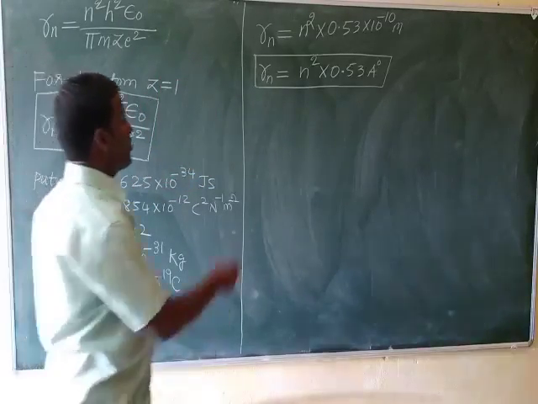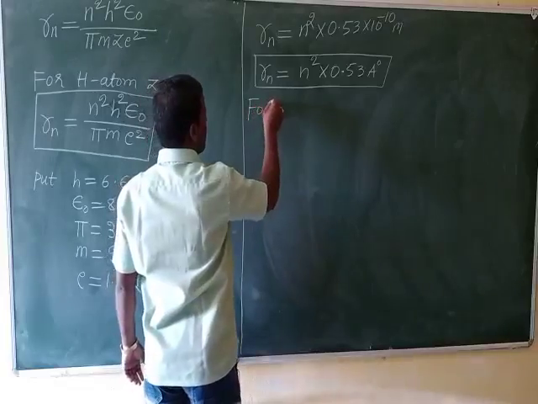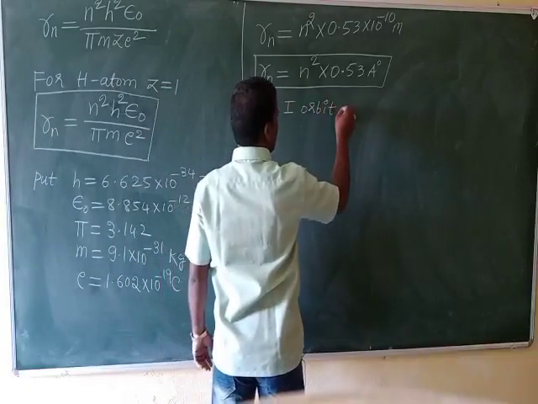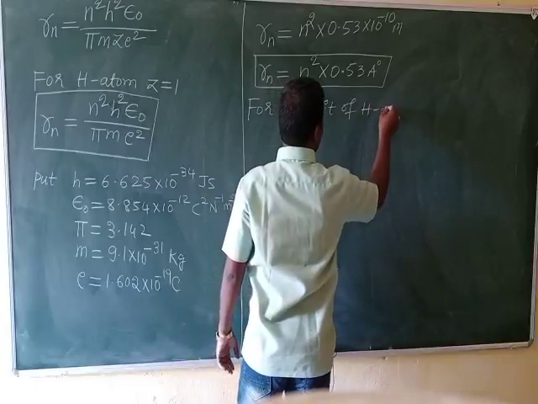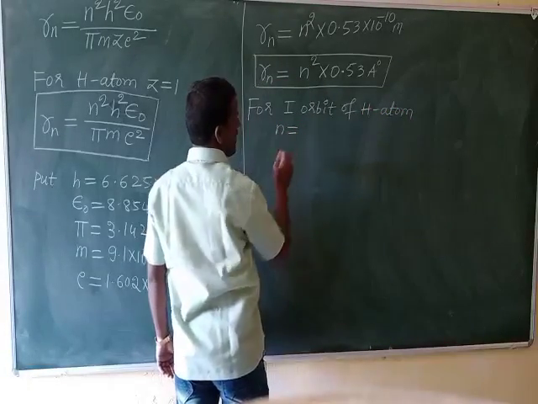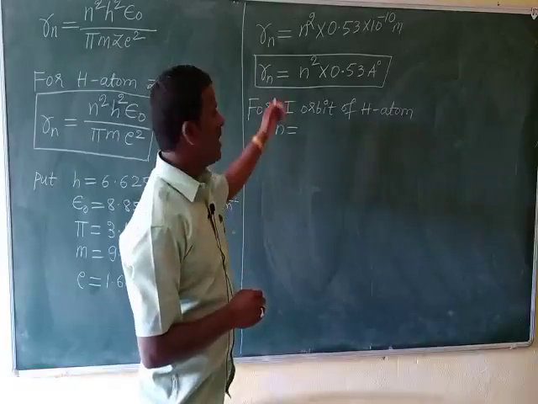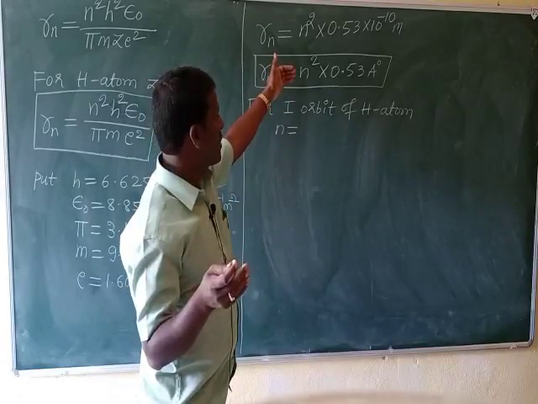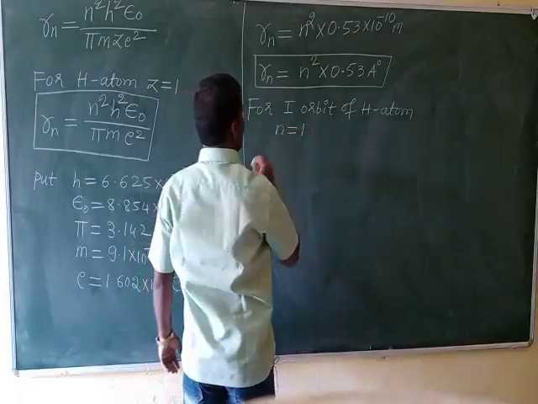Also, for the first orbit of the H atom, n equals 1, where n is the number of the orbit, the principal quantum number.